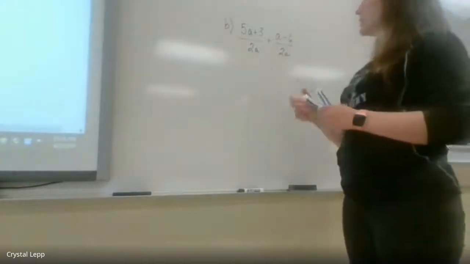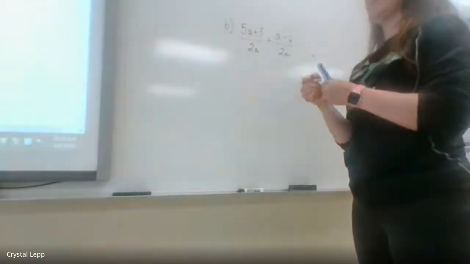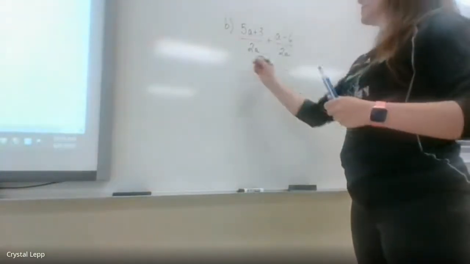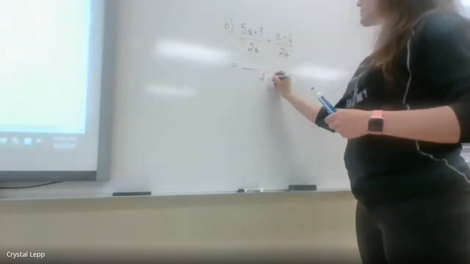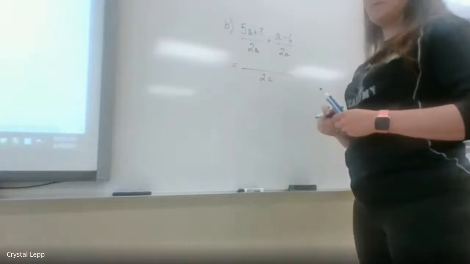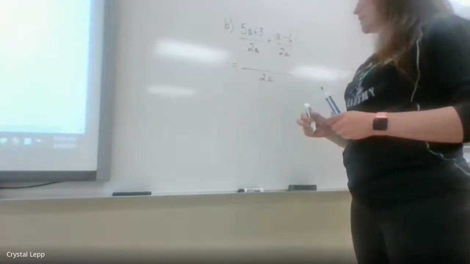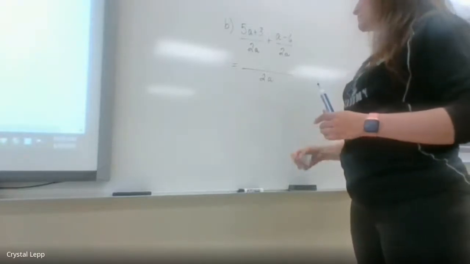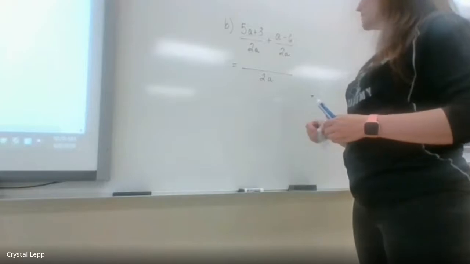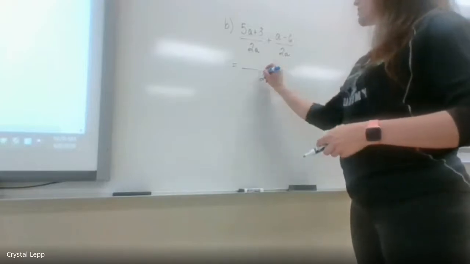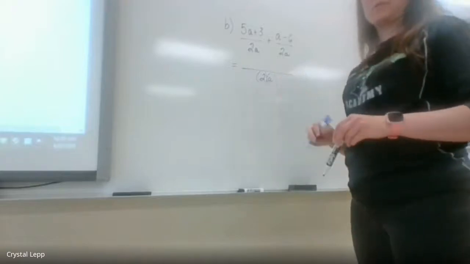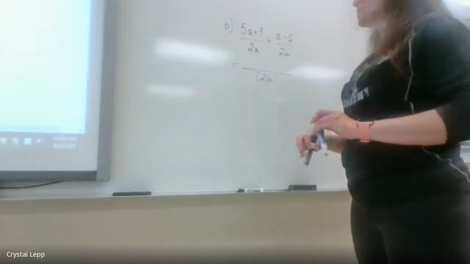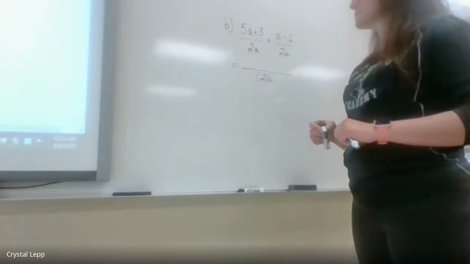Okay, so I already have a common denominator of 2a. So I'm going to rewrite it all over 2a. And I told you, if you have a 2 and an a multiplied, I would put them in their own brackets because it makes NPVs easier and simplifying easier. Because they're not attached by plus or minus sign, so they can go in their own brackets.